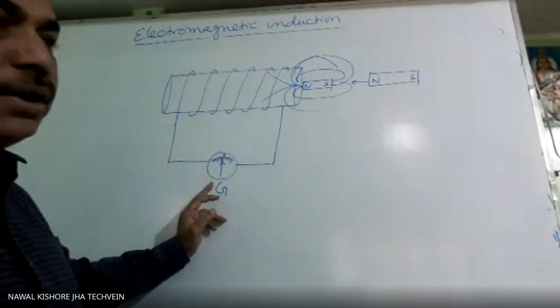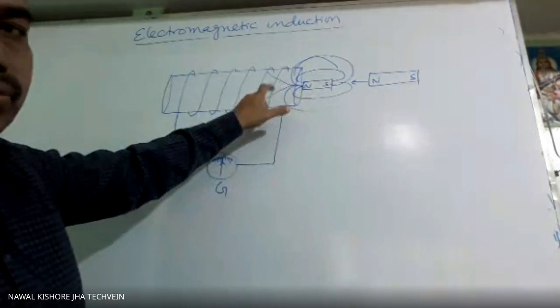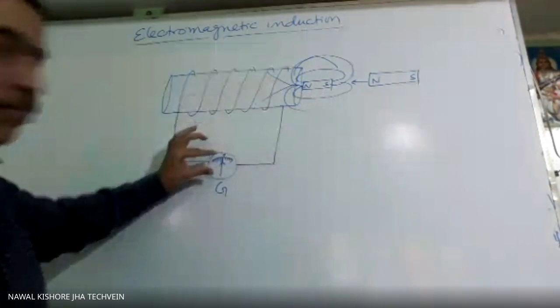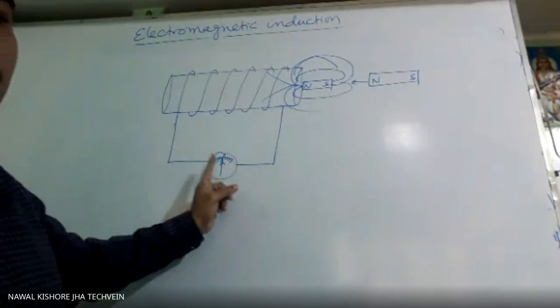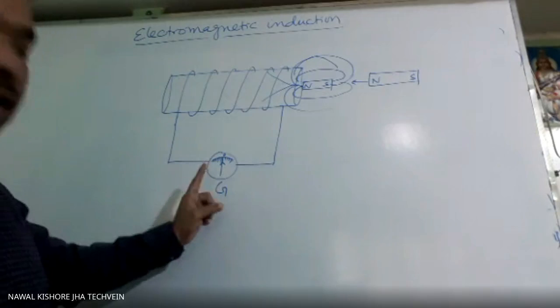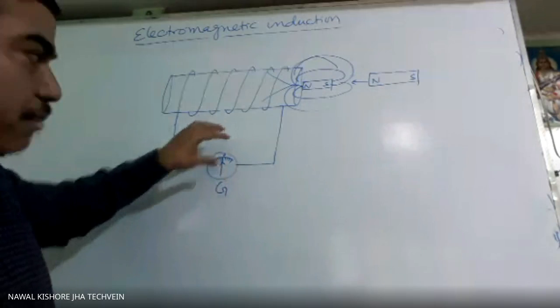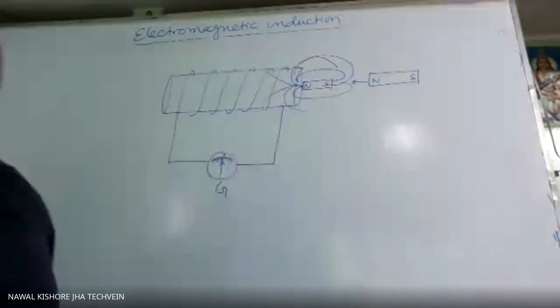Or what does it mean? Though the magnetic flux linked to this solenoid is maximum, there is no deflection in the galvanometer. So no EMF is induced. That means for EMF to be induced, there must be a change in flux.